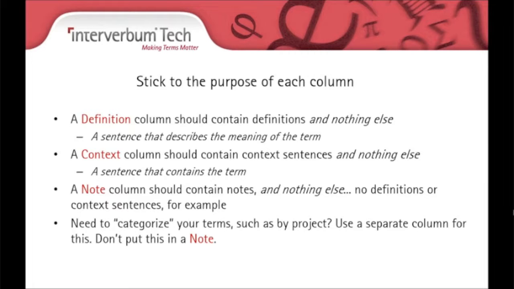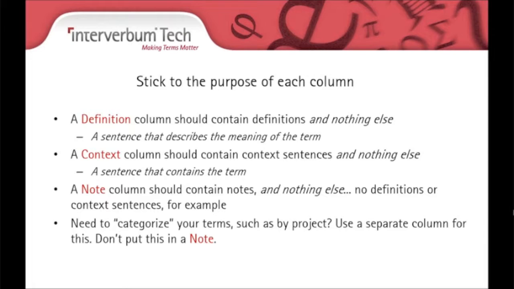The definition is a sentence that describes the meaning of the term. If you have a column for context sentences, then again, they should include context sentences and nothing else. A note column is not a bucket to throw anything in that you want, okay? It should just contain notes that are not definitions, they are not context sentences, they are not whatever else you might have. They are a general note that doesn't fit anywhere else.